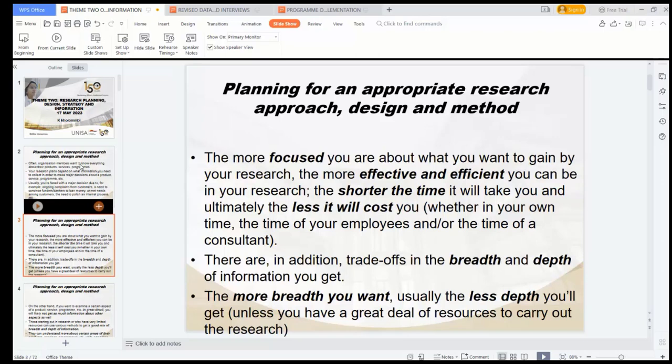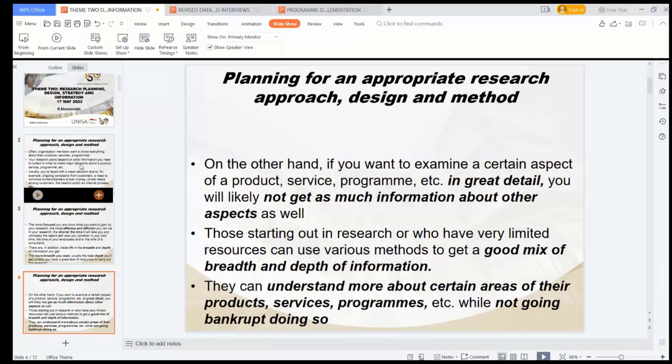But if you select some aspects where you dig very deep, you can spread your resources over a wide area, knowing that somewhere you will go superficial, in some instances you will go very deep. That is why here they say the more breadth you want, usually the less depth you will have.